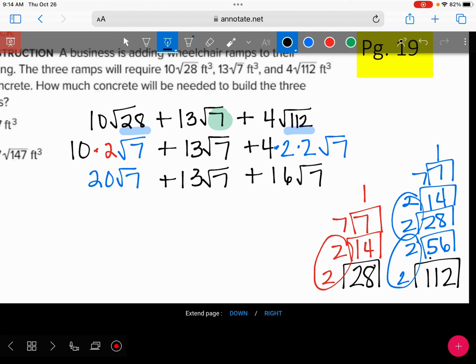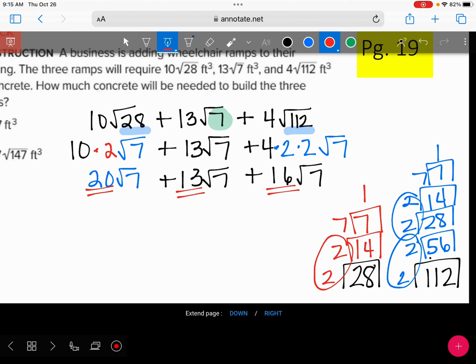Are these 3 like terms? Can we add them together? Yep. So pick up your calculator and add 20 plus 13 plus 16. 49? Anybody else get 49? I don't have a calculator. I'm trusting y'all.